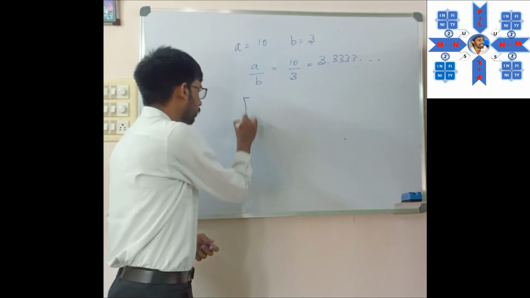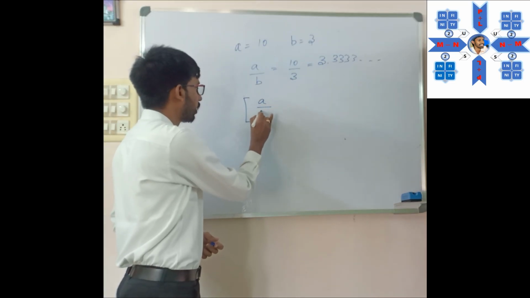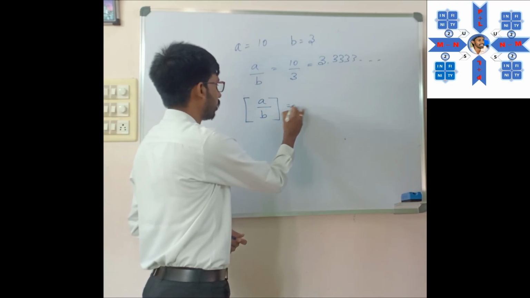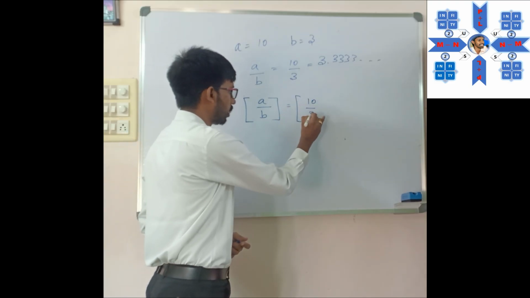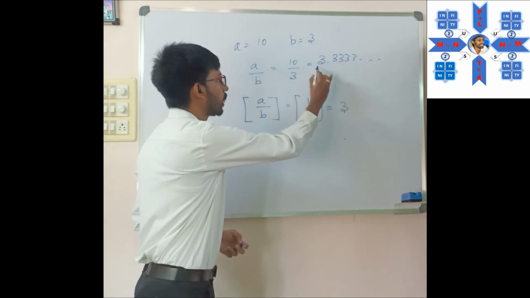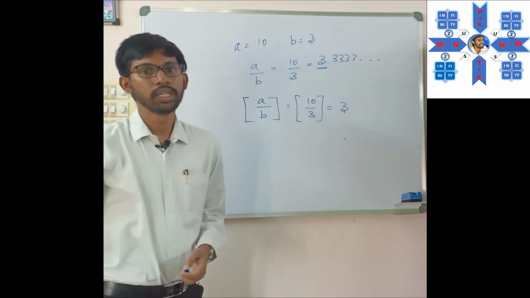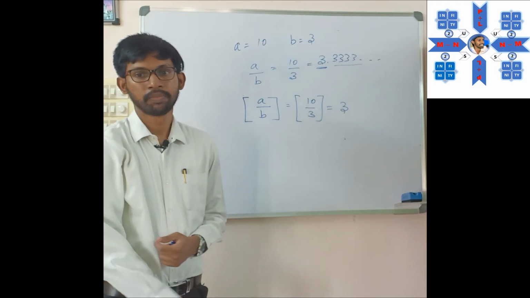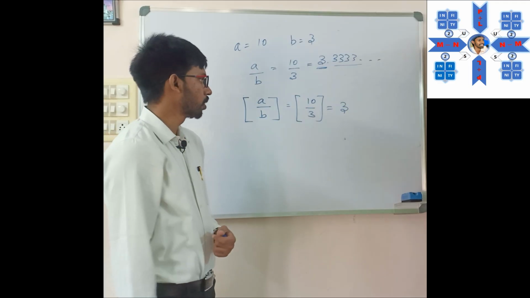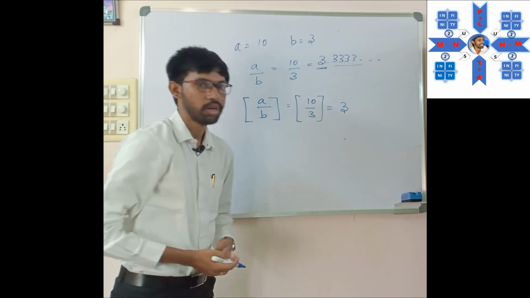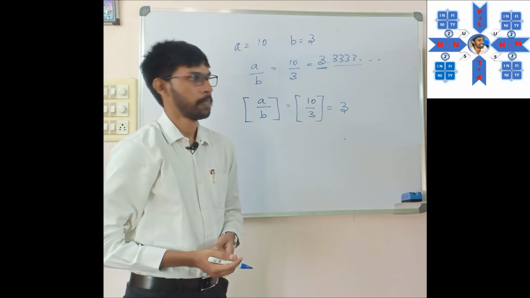Whereas if I am supposed to identify the greatest integer function of this A by B, so 10 by 3, it's sufficient for me to write only the integral portion and I can terminate the rest of the decimal digits. So that's it. This is the concept of the greatest integer function.